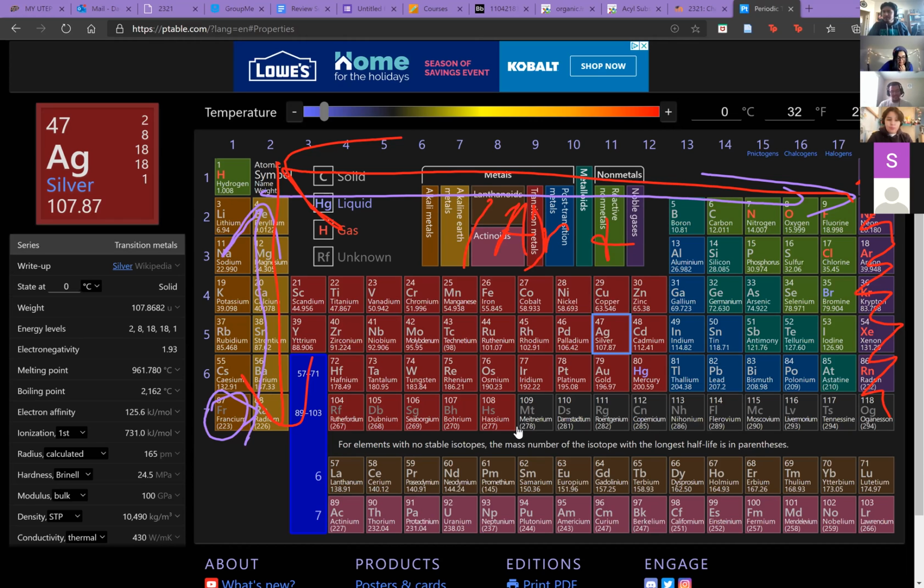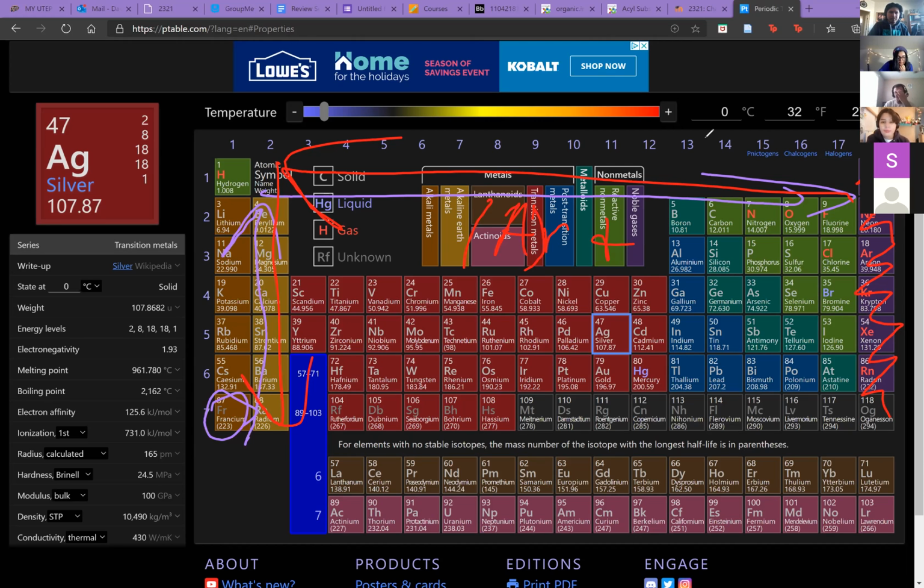So we figured out atomic radius. We figured out electronegativity. Any questions on those two? Everyone good? Wait, so what elements have the least electronegativity? Emily said it earlier, so it would be francium.